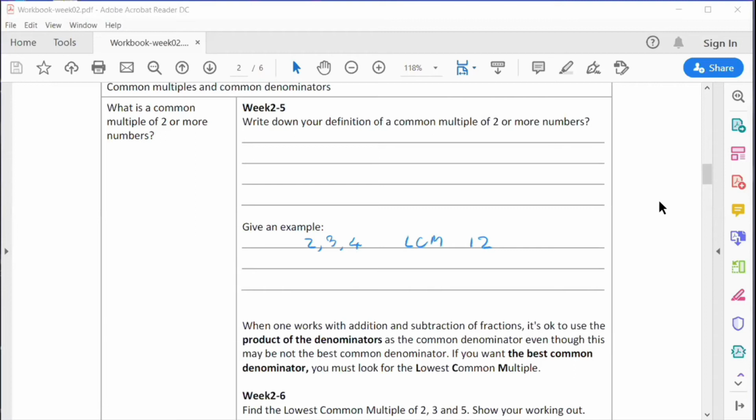But there's another case where it's not quite true. If I have number 3 and number 6, the LCM is actually 6. So it's not a larger number. In this case, 6 is actually a multiple of 3. So it's just a number that all of the other numbers can divide into. That's all it is.